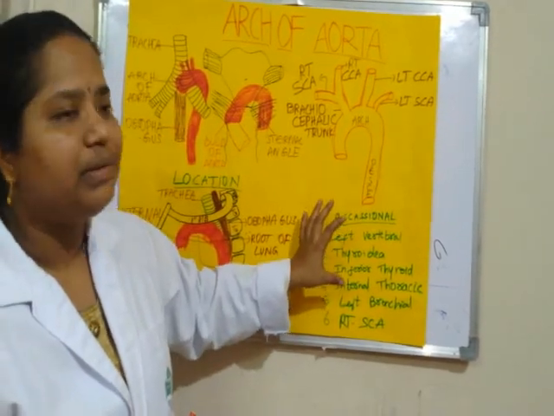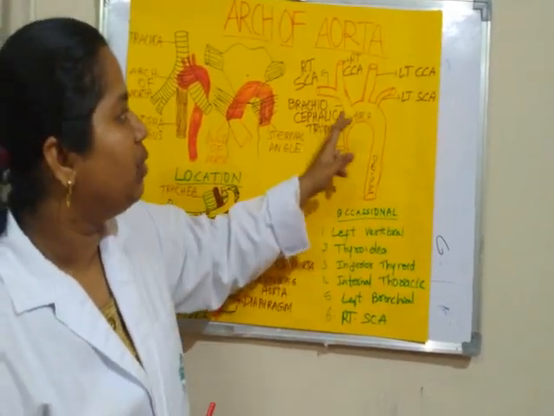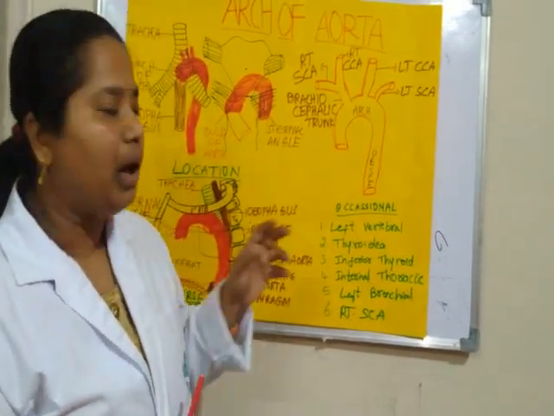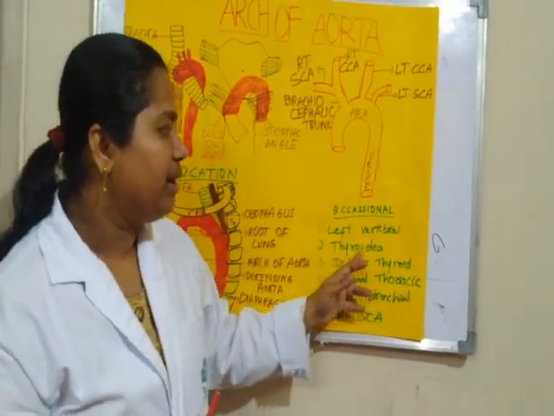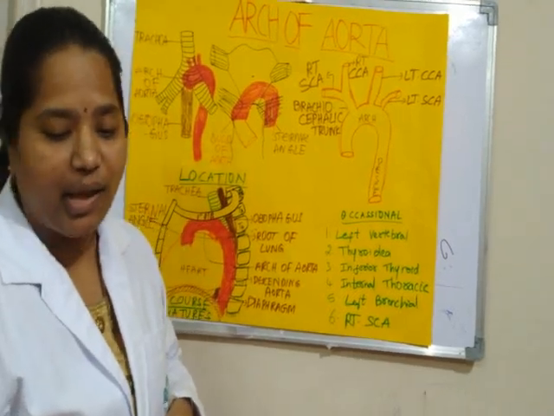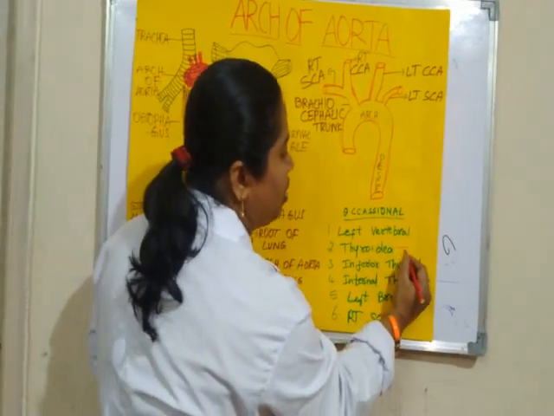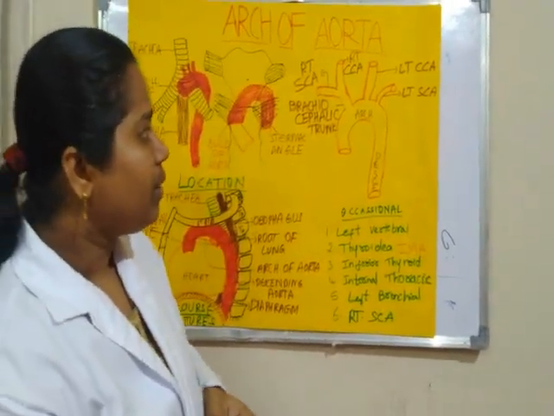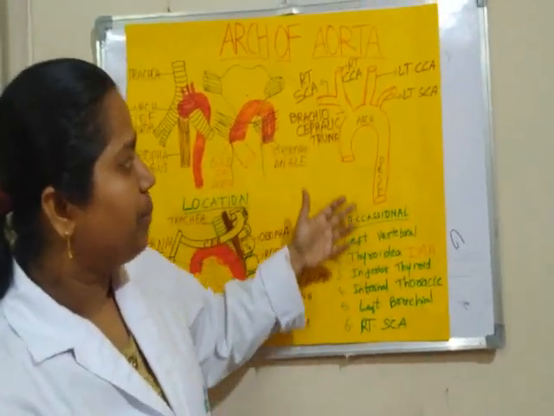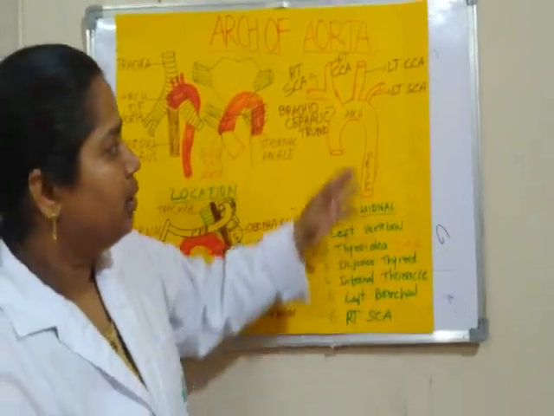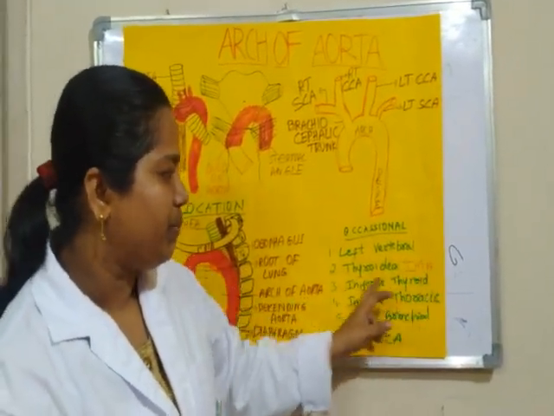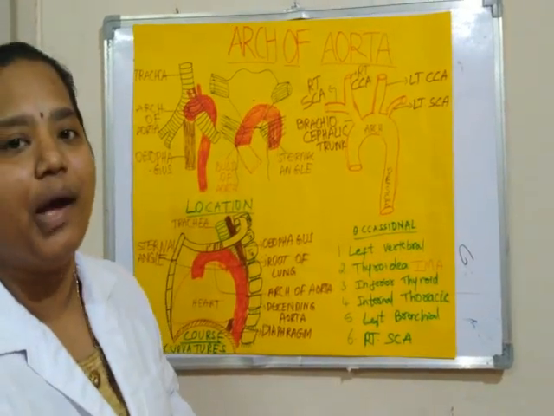Sometimes they may be seen taking origin directly from arch of aorta. And other branches like thyroidea ima artery. We know thyroidea ima artery is a branch which supplies the thyroid gland in the middle. This also takes origin, if it is present, from the arch of aorta.